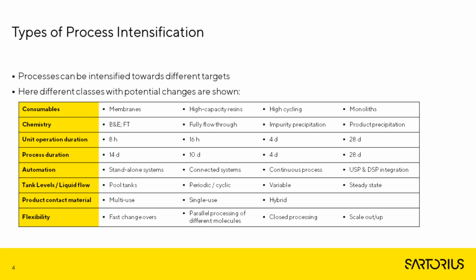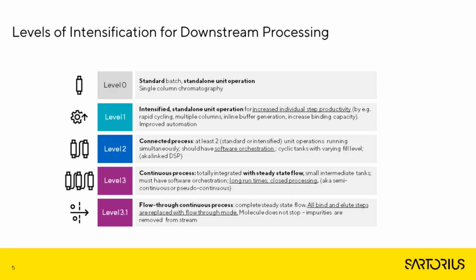To sort all these different options into certain combinations, we defined certain levels of process intensification in the downstream area. So here, level 0 is a standard batch. It's a state-of-the-art standalone unit operation, for example, a single column chromatography.